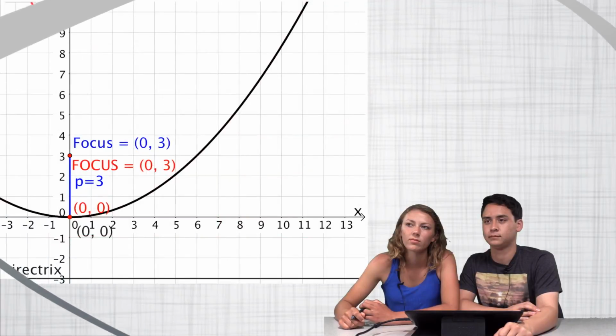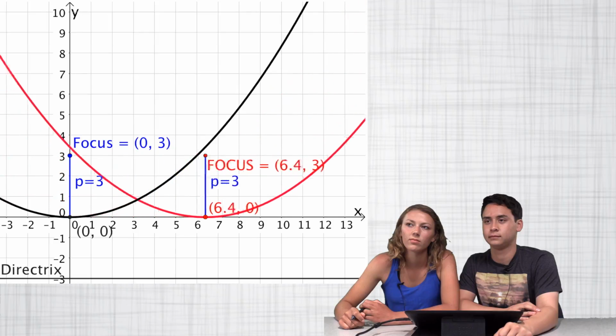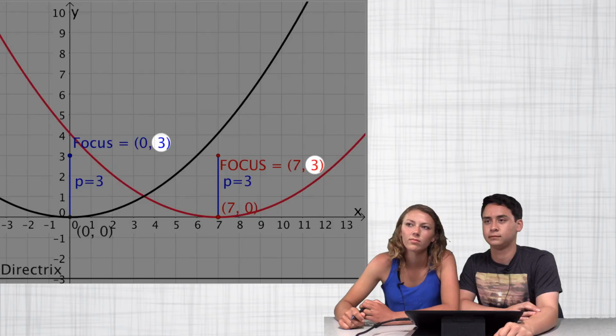Sasha and Keone figured out something important. If they start with a base parabola that has its vertex at 0, 0, and then move the parabola 7 units to the right, the distance between the vertex and the focus stays the same. This means that the y value of the focus for both parabolas is 3. Only the x value of the focus of the new parabola changes.